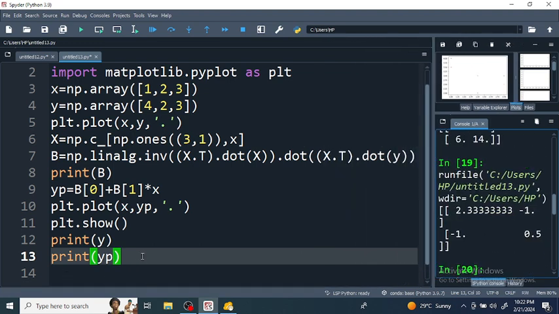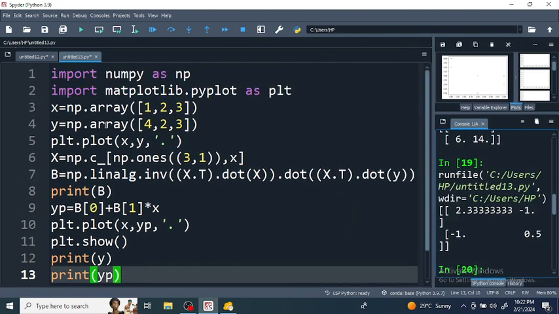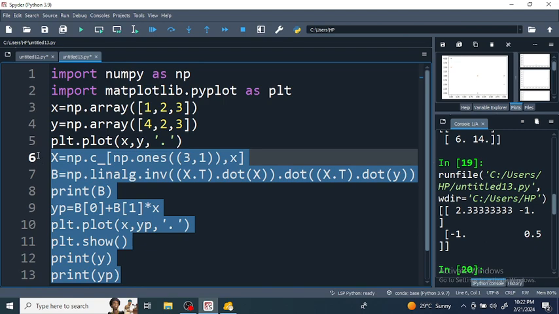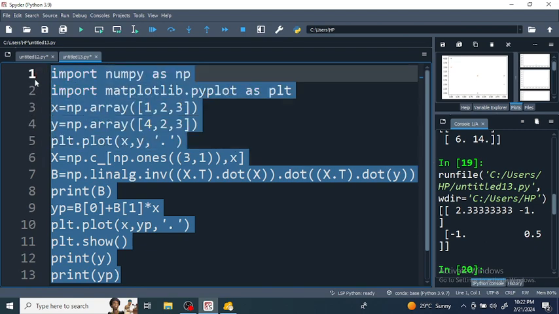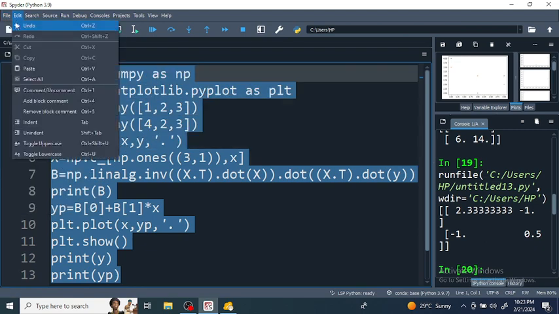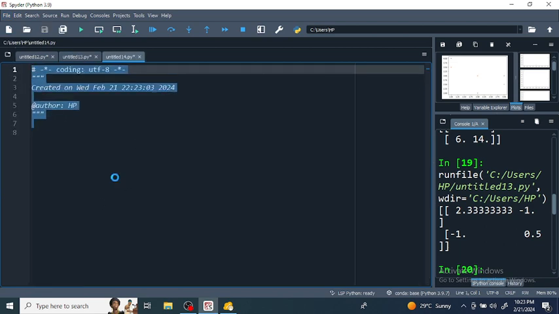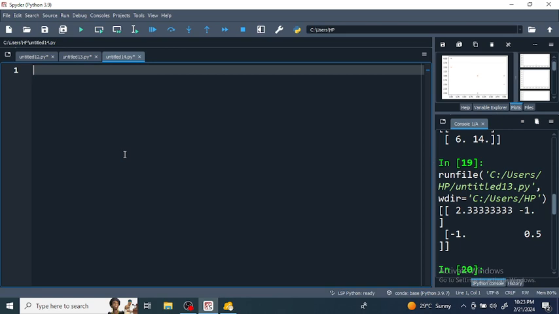Now next, instead of these values of x and y, we are going to generate random values for x and y. For that I am going to copy this into a new file.